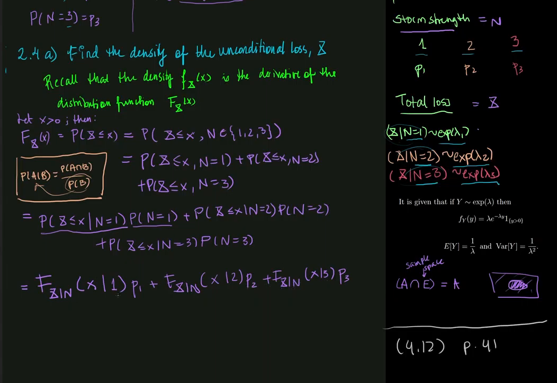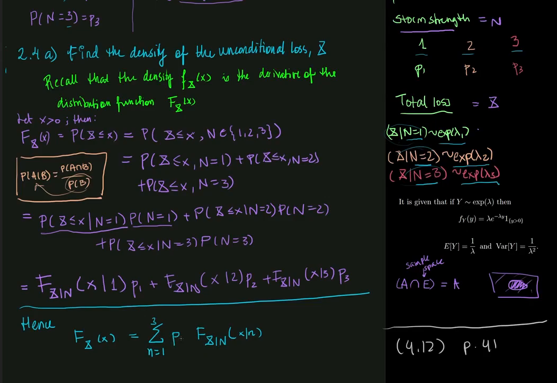We can write this up like this, and in conclusion, hence, the unconditional distribution function of x is equal to the sum of the conditional distribution function of x given n equal to n evaluated in x, where n can be 1, 2, and 3, each weighted with the probability of that conditional distribution function coming into play.